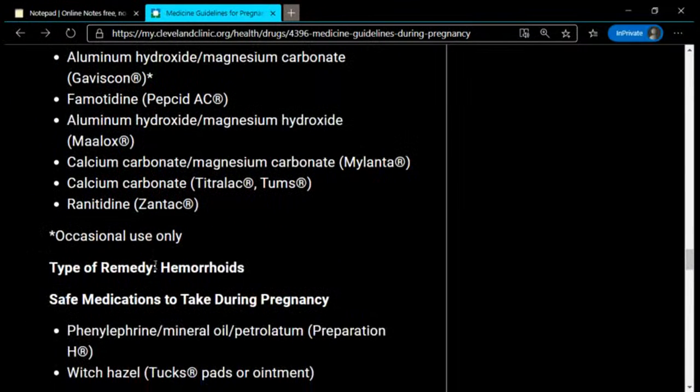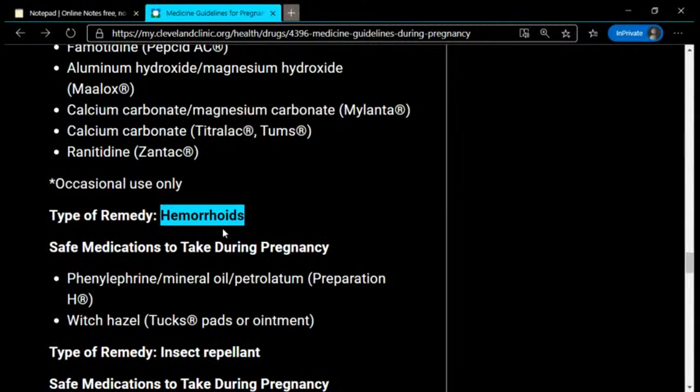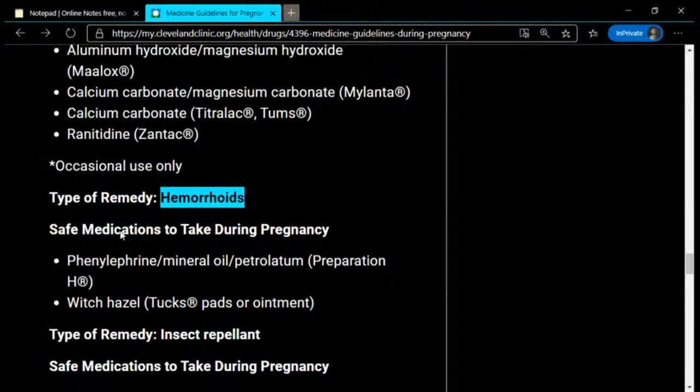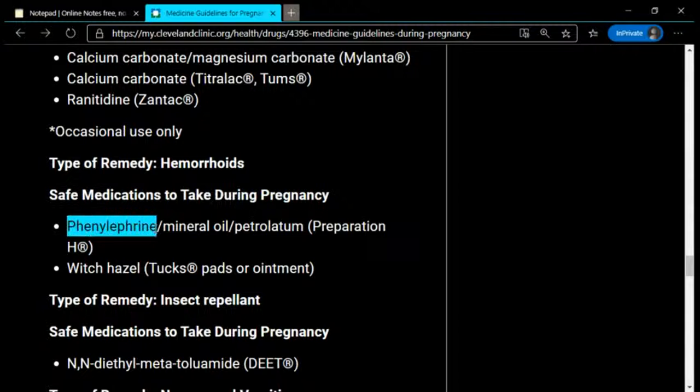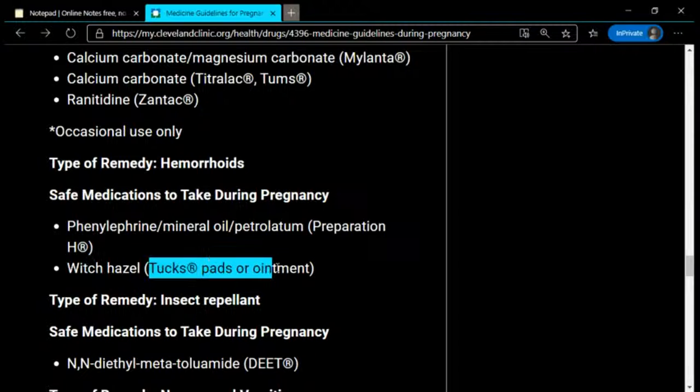For heartburn and for hemorrhoids, safe medications taken during pregnancy include phenylephrine, mineral oil, petrolatum, Preparation H, and witch hazel pads or ointments.